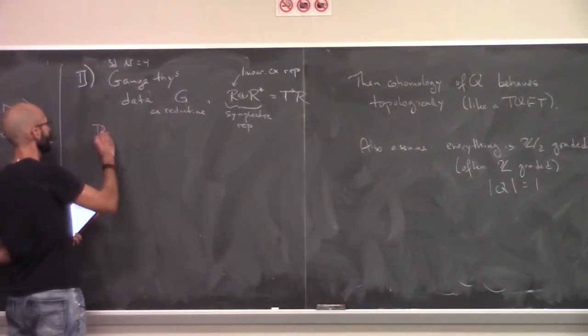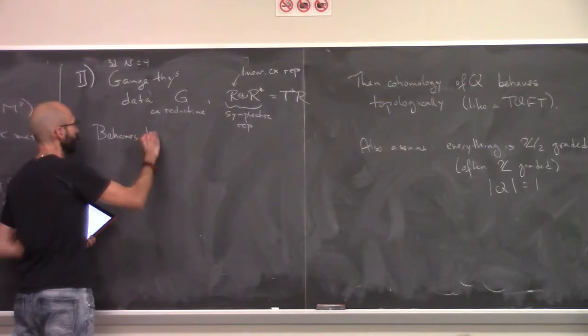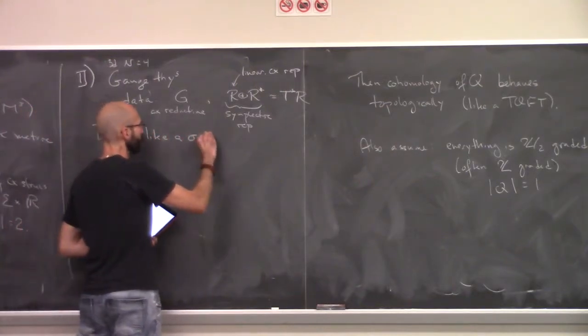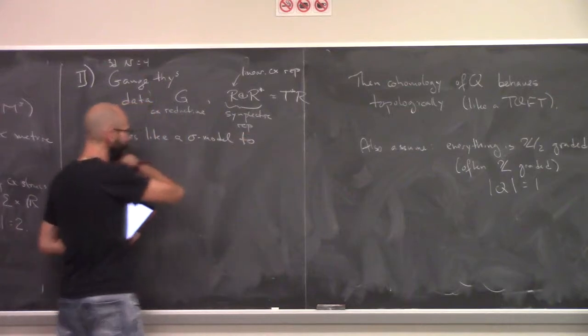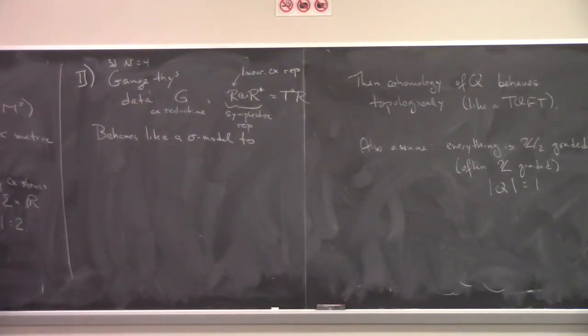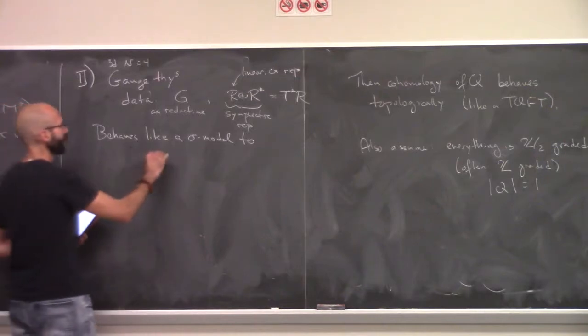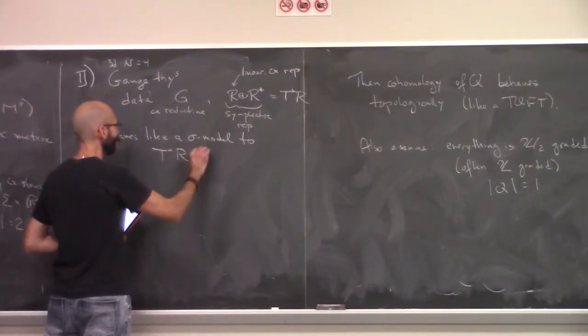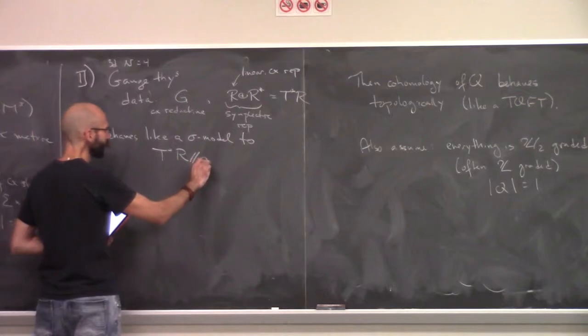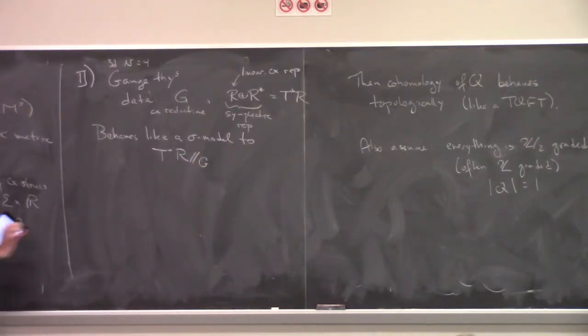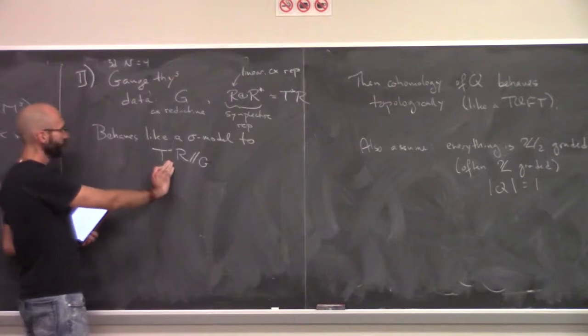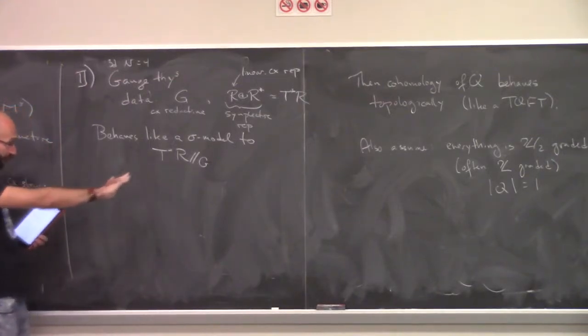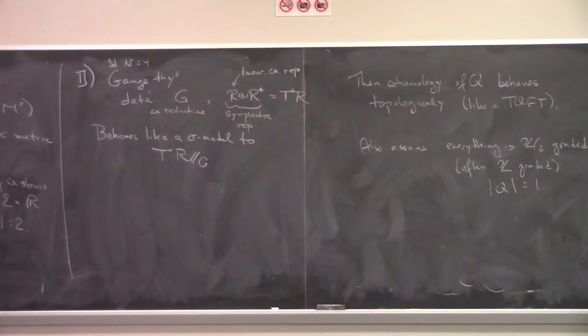Effectively, this behaves like a sigma model to the derived symplectic stack. I guess I usually cringe a little when I say that, but I shouldn't here. So if you take the symplectic quotient but treat it as a derived stack, then a lot of the algebraic statements one would have made about sigma models extends directly to the gauge theory.